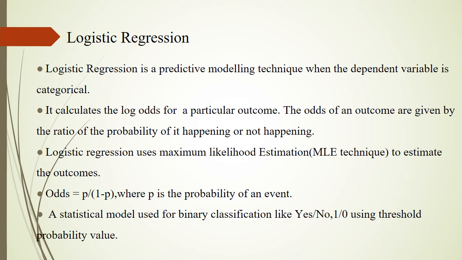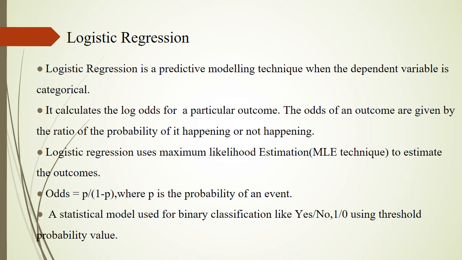Logistic regression uses maximum likelihood estimation, called the MLE technique, to estimate the outcomes. Its odds are P divided by 1 minus P, where P is the probability of an event happening.